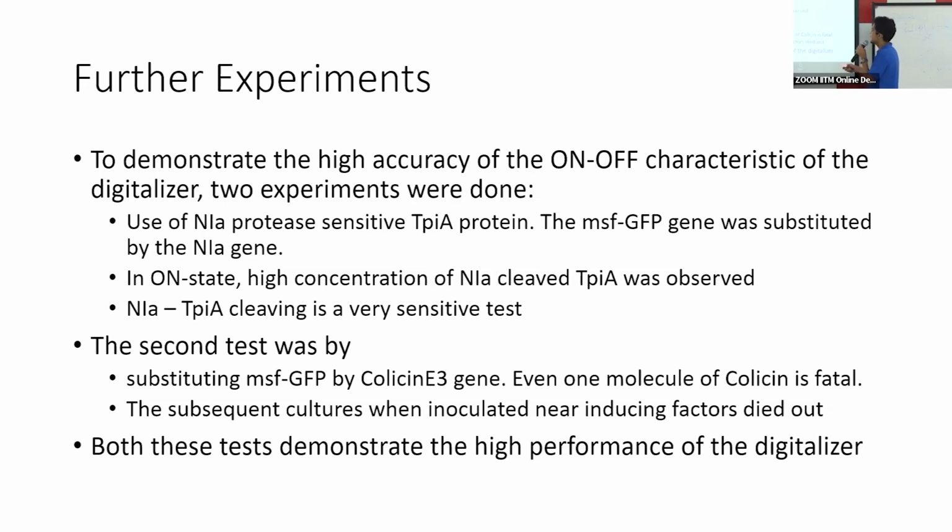The second test was that we substituted the msfGFP with a colicin E3 gene. Now we must note that even one molecule of colicin E3 is fatal to the cell, which means that if you induce the production of the colicin, it should immediately kill the cells.